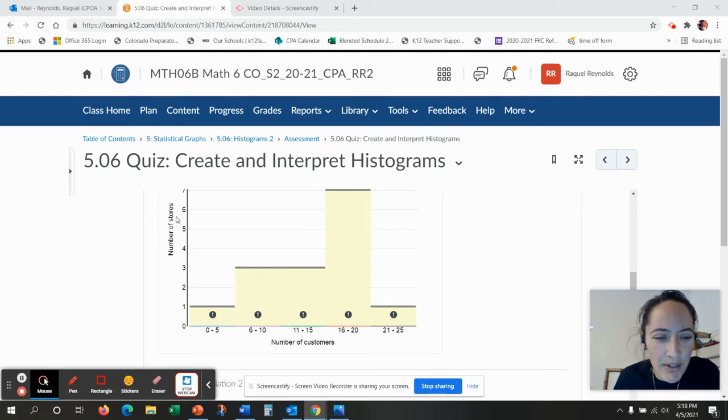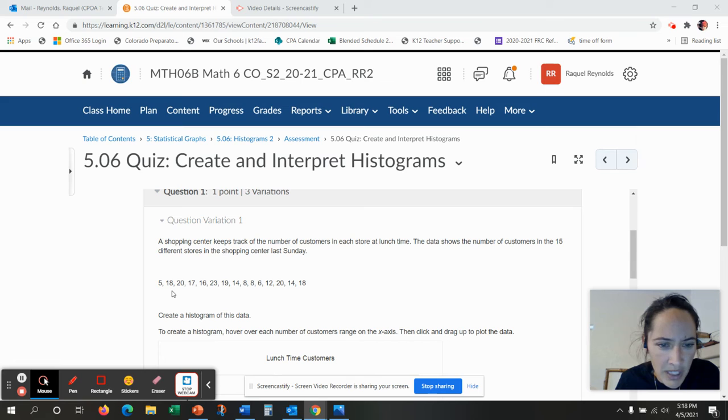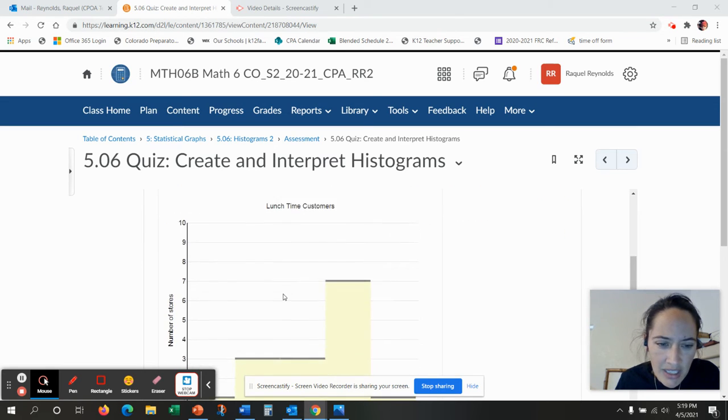So number of stores, right? That's what this is. This y-axis, this vertical axis is telling us the number of stores, and then this range is the number of customers. The histogram, that's what doesn't make sense to me, is that is the frequency of people the data shows. So that's what's not quite making sense.